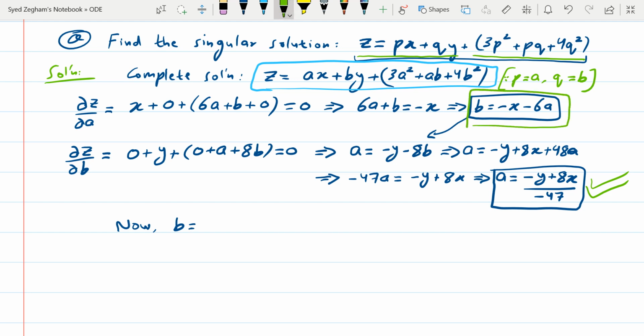So now we will try to use this relation. So b is equal to minus x minus 6 times a. A already you have calculated here. So we will put it. So this is minus y plus 8x divided by minus 47.